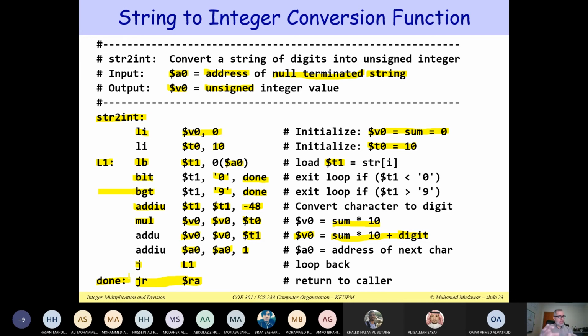Here I'm using mul, assuming that the high register is 0, and the product can fit in low, in a 32-bit register. So this mul does the same thing as mult, but it copies the value of the low register into V0 and discards the high.